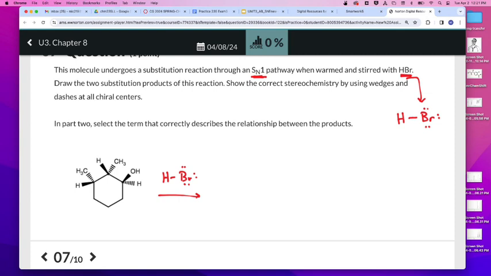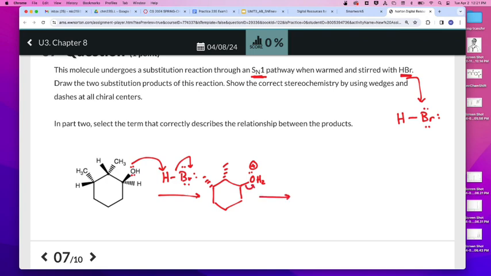What was the point of the acid? To set me up with a good leaving group. Once I formed that good leaving group, I now have the potential for it to leave the structure.